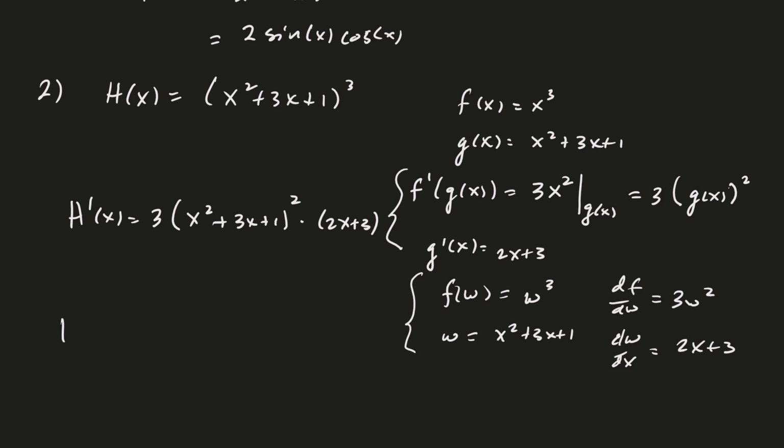Then h prime of x is equal to df over dw times dw over dx. Now just fill in our numbers, and be sure to back substitute.